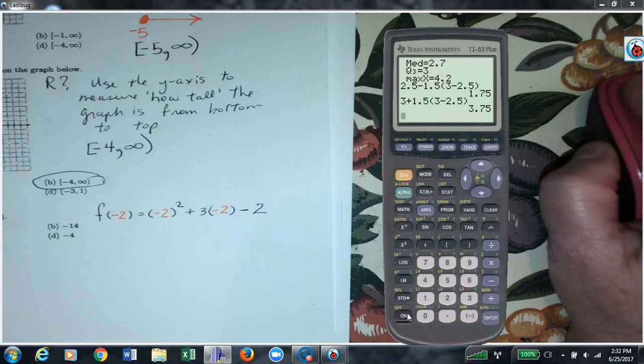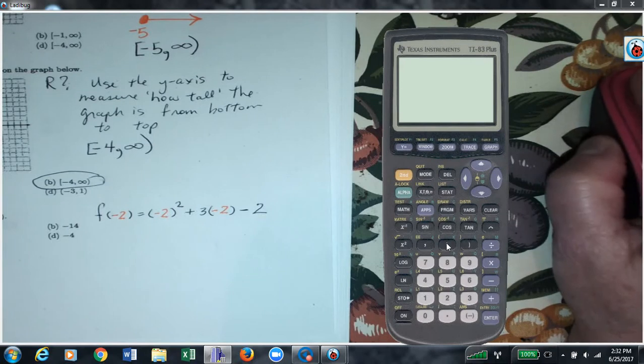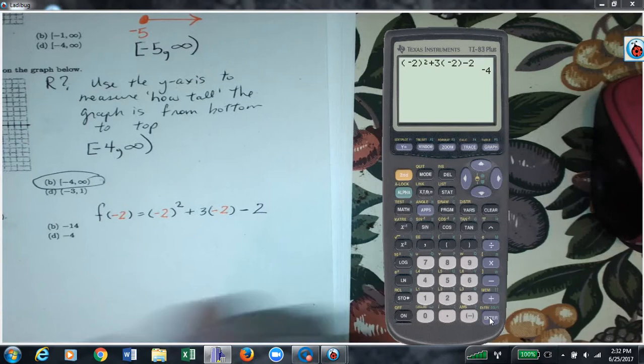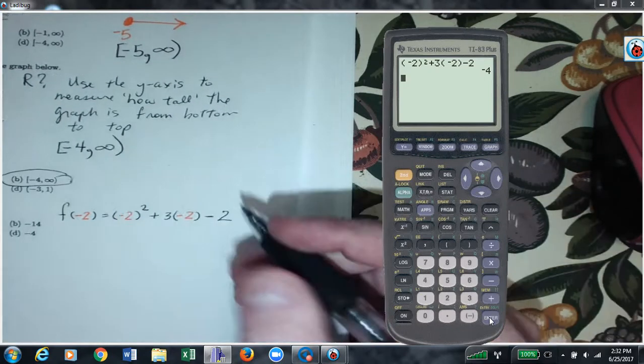Let's turn this on, clear that. So parenthesis, negative symbol 2 squared plus 3 times -2 minus, so the subtraction sign, 2, and then press enter. So I'm getting a -4 from my calculator.